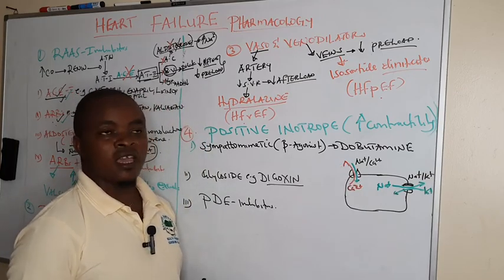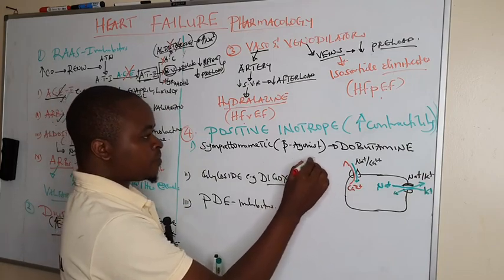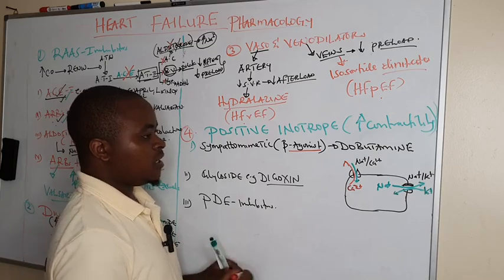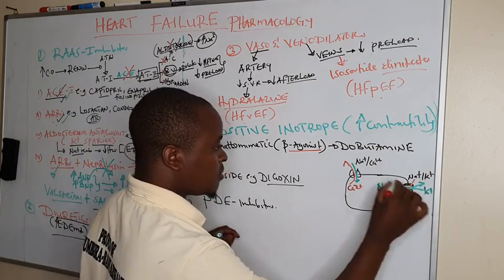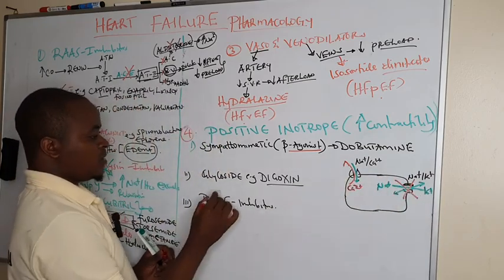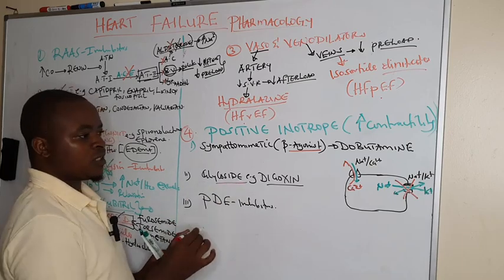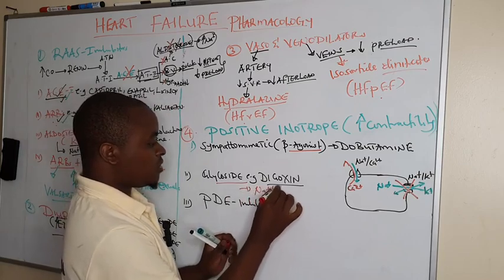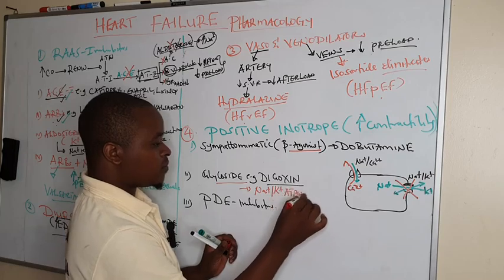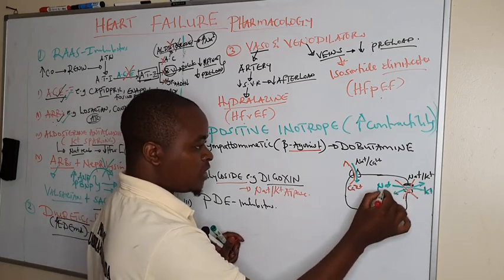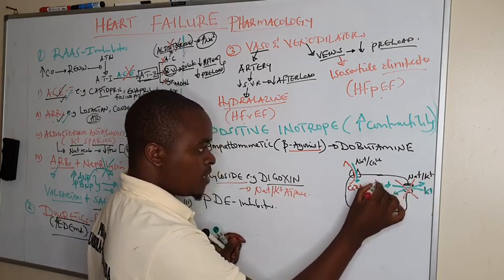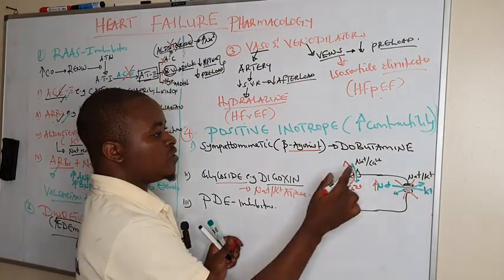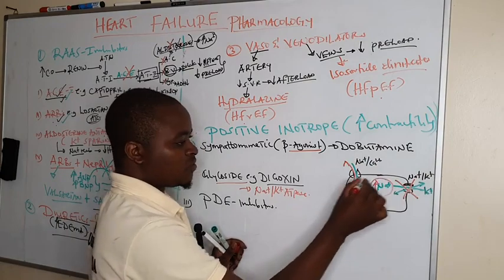So what happens if I use a drug like a beta agonist? It is going to block, especially the digoxin. Digoxin acts by blocking the sodium potassium ATPase pump. And when blocked, it increases intracellular sodium ions, meaning the sodium calcium exchanger will not bring in more sodium because there is much sodium inside.